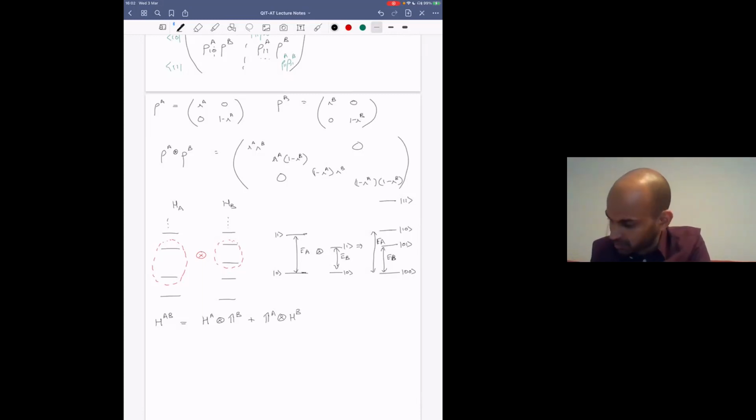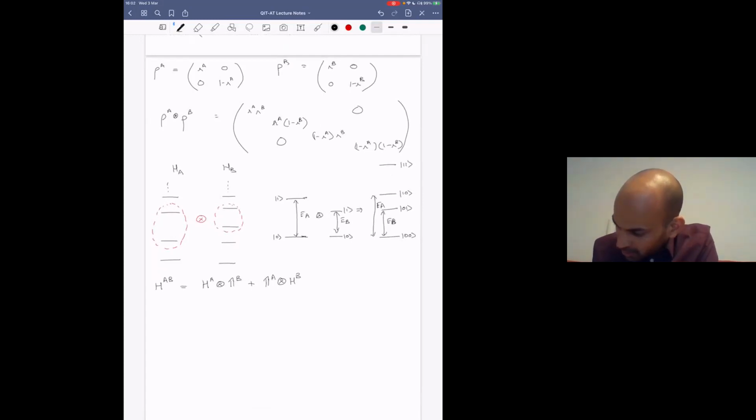The total energy of the system is the sum of the two energy levels, which means that if I take an energy eigenstate Em on A, it has the property that HA Em on A is equal to EmA, the eigenvalue, times the state.